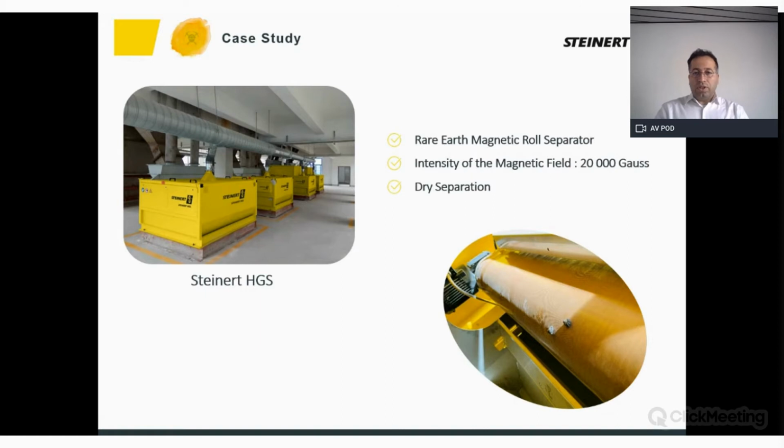That's a dry machine. There is no need for water, and it is made from permanent magnets. It has 2 rolls, one roll is magnetic, and the second roll is just normal. Then you have a conveyor belt, you feed the material in, and at the end you have a magnetic fraction and a non-magnetic fraction.